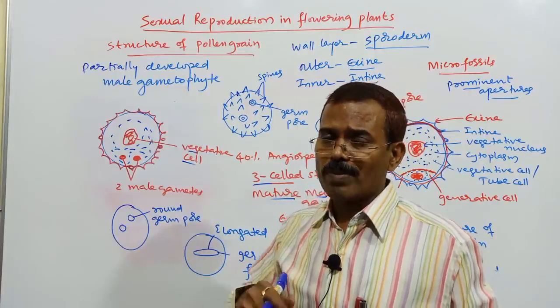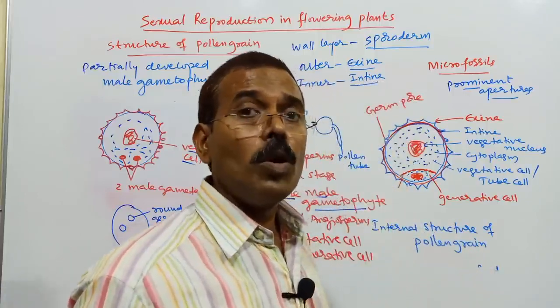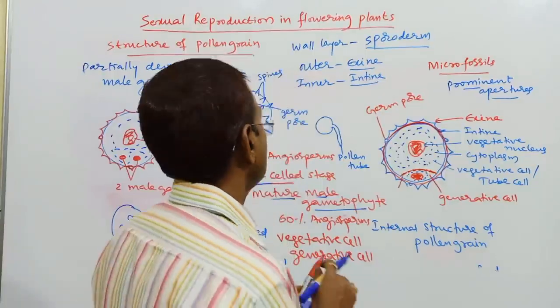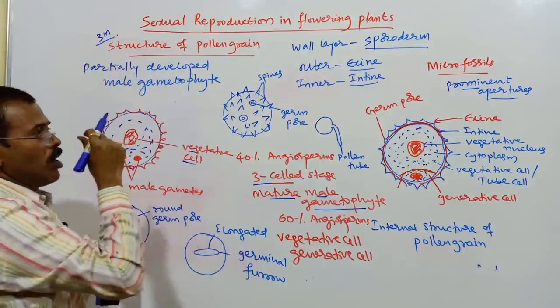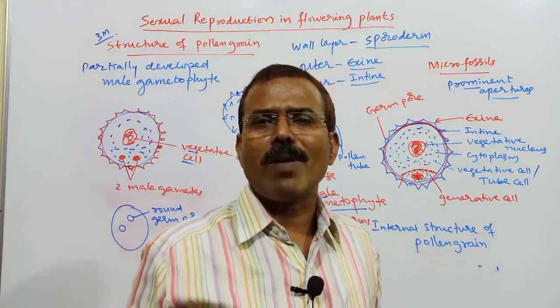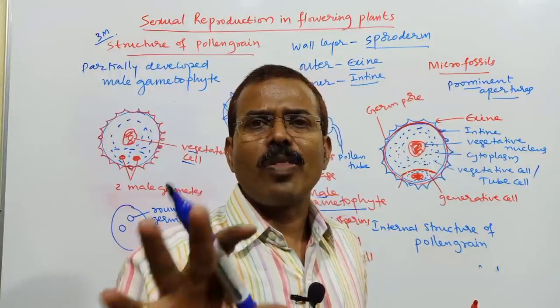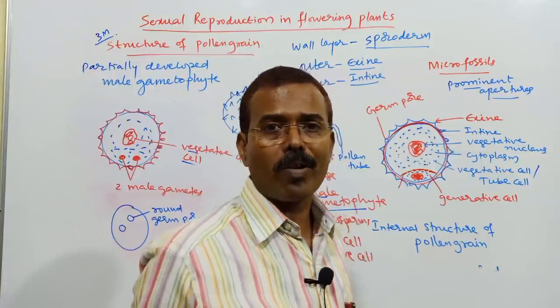So this is the structure of pollen grain, very important for 3 marks. Explain the structure of pollen grain, 3 marks. Microsporogenesis, 1 mark. Structure of young anther, 5 marks. So you have to remember these, very, very important.